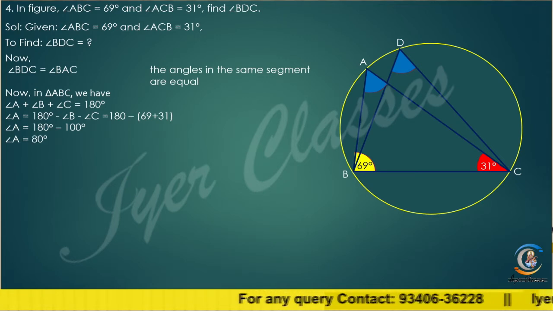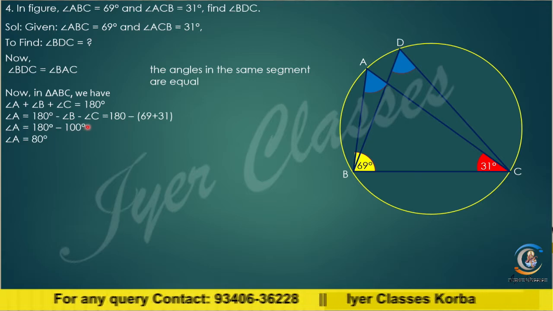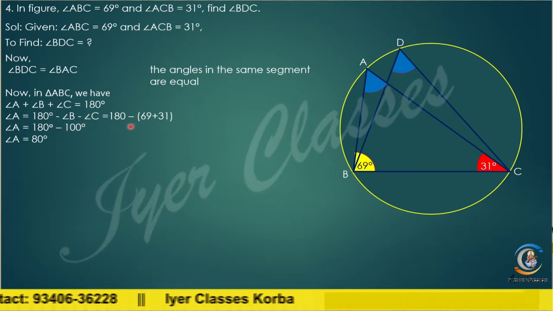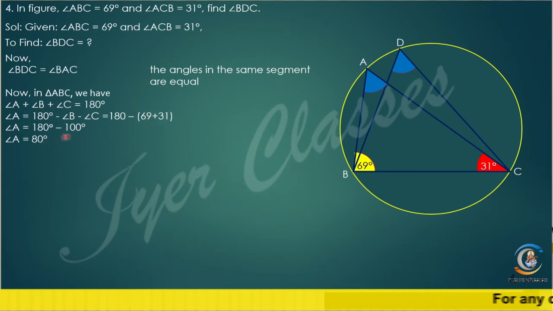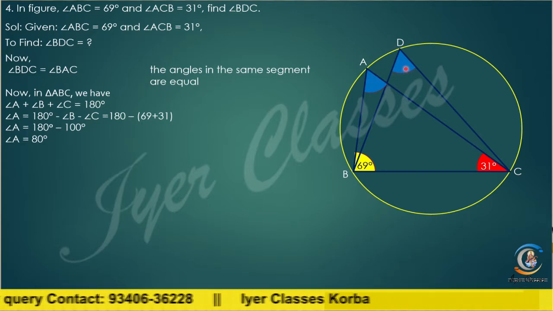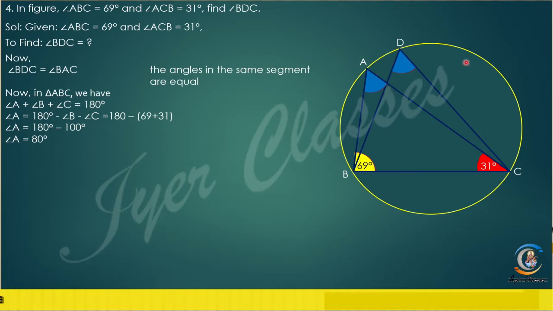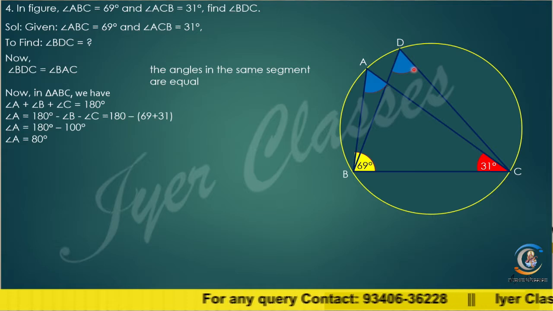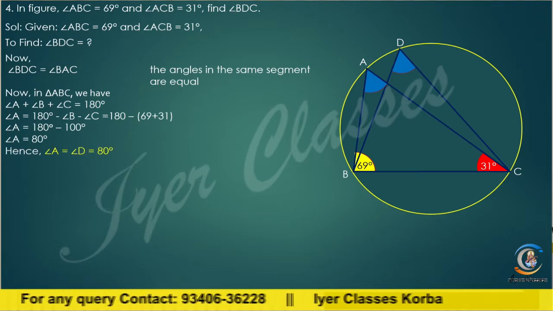Because we know that 180 minus angle B minus angle C is equal to 180 minus (69 plus 31), which comes out to be 100. 180 minus 100 is equal to 80. Now, I have got this angle A as 80. But I know this angle A and angle D both are equal. So angle D is also equal to 80 degrees, and we are done.